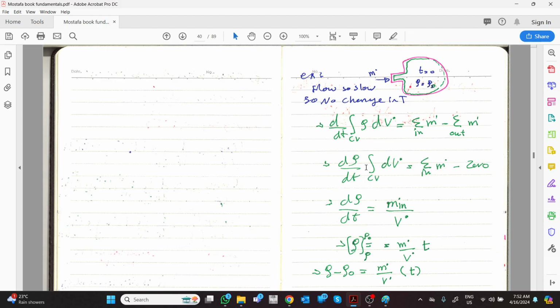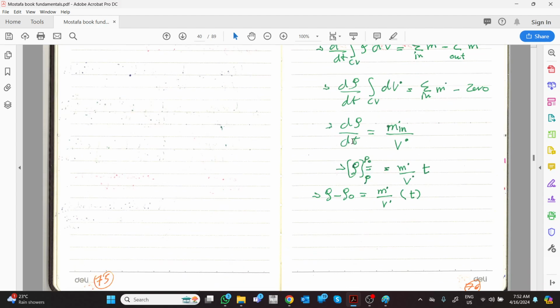Integration over the control volume, one slice for the full slice, is the volume, by the way. So d rho by dt equals m in by dV, because there's no m out. So from rho to rho naught, it is just an integration, by the way.